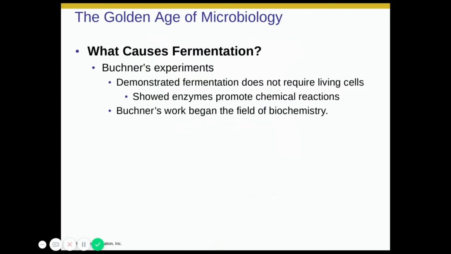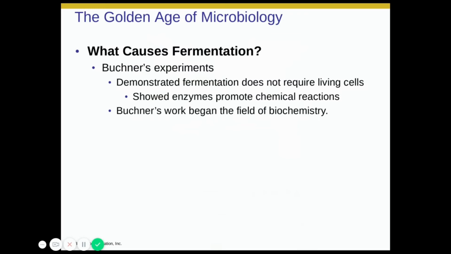Now, the next scientist that came along was Buchner. Buchner had this question of, does fermentation require yeast? Does it require the actual living cell in order to ferment? Well, the quick answer is no. All it requires is all of the enzymatic reactions, and thereby the enzymes, that allow for that production of alcohol to proceed.